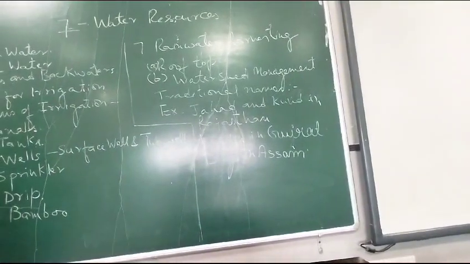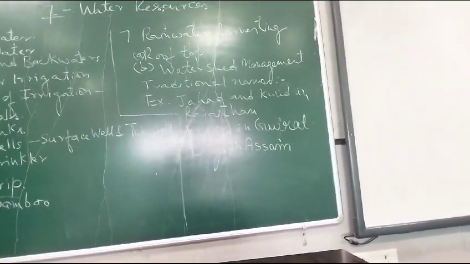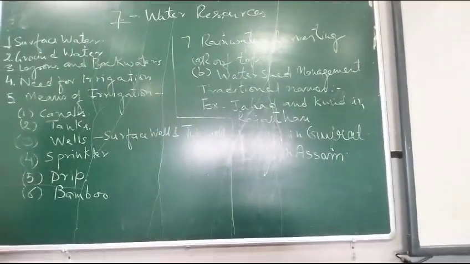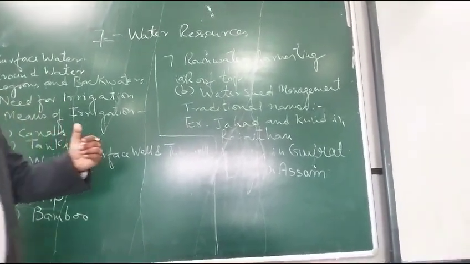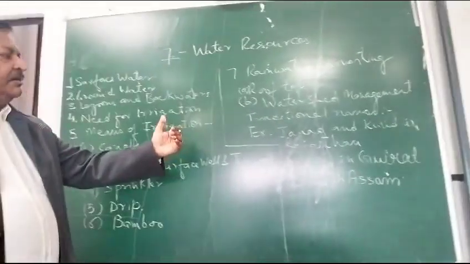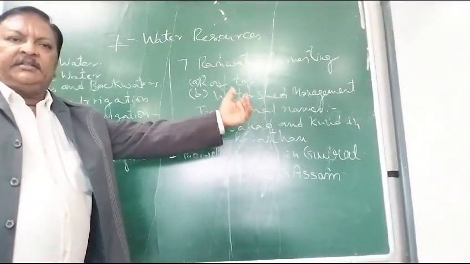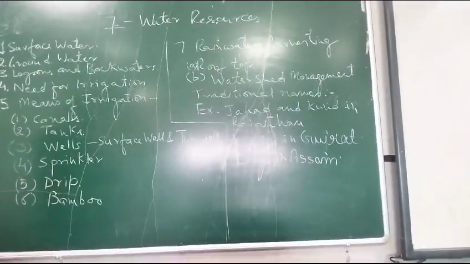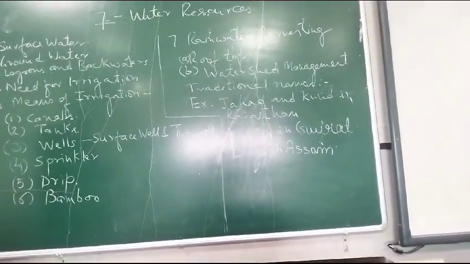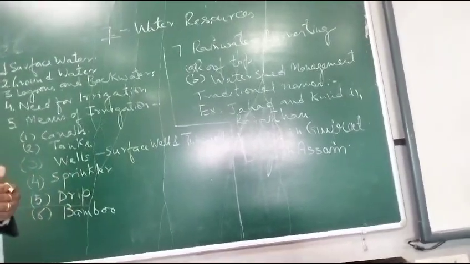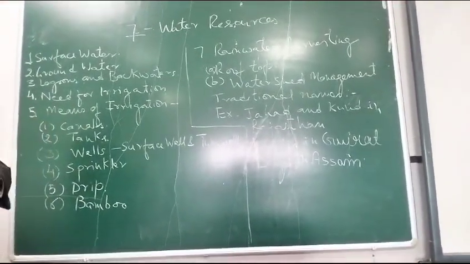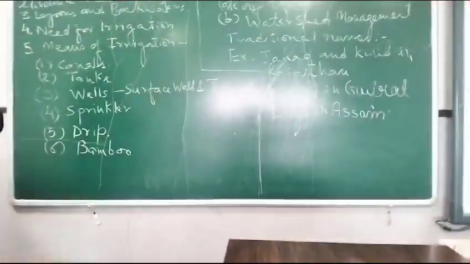You know, Rajasthan is a dry area, and it falls under the category of arid and semi-arid areas and gets very little rainfall. And therefore, in this area, the Johad and the Kund are made; these are the traditional rainwater harvesting systems prevalent in Rajasthan. Similarly, Khadin in Gujarat is another traditional rainwater harvesting system prevalent in Gujarat.